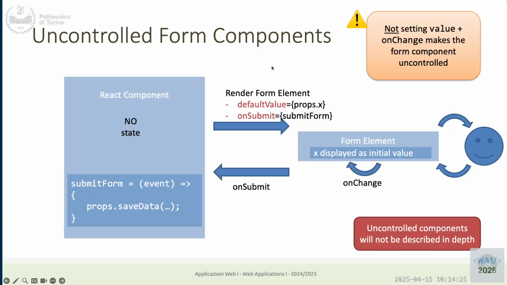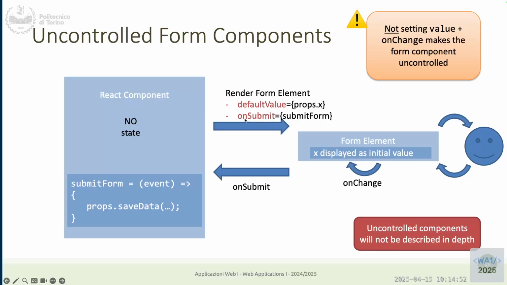In uncontrolled forms, we are not using the value attribute, and we are not handling the change event normally. What we do is basically set the default value, the starting value. Maybe they are empty, or maybe there's already some starting value inside the form, and then we let the control evolve according to the user input.